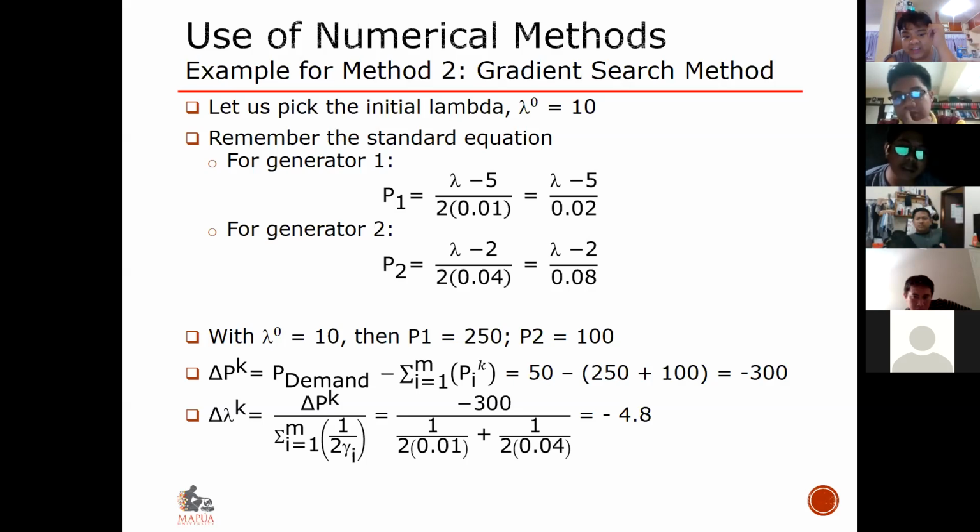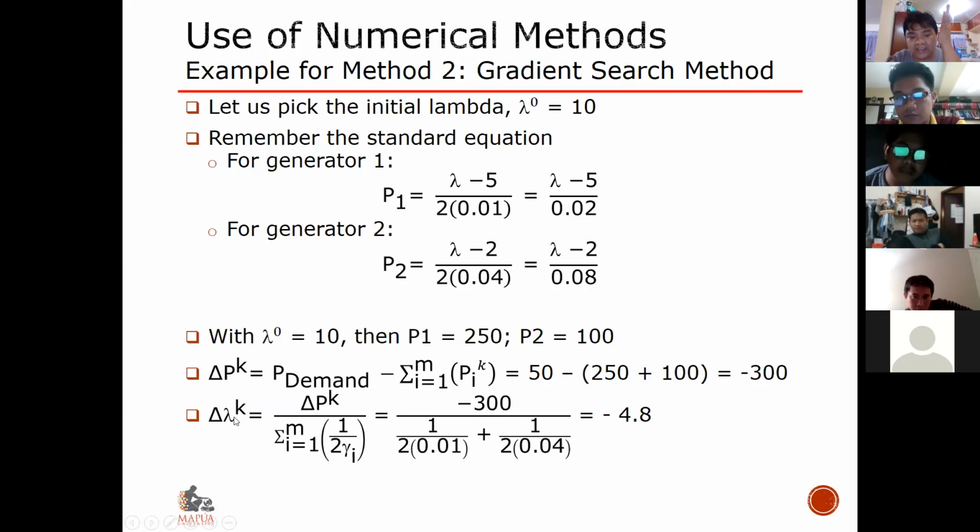Okay? When you select one lambda, you use it, and then eventually when you use it, you get P1 and P2. Okay? Compute for delta Pk, which is simply yung demand natin, 50, less yung total generation. So ang lumabas dito, 50 minus 250 plus 100 is equal to negative 300. So negative value.